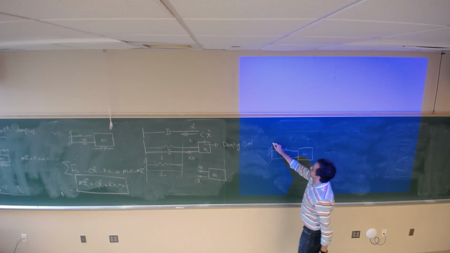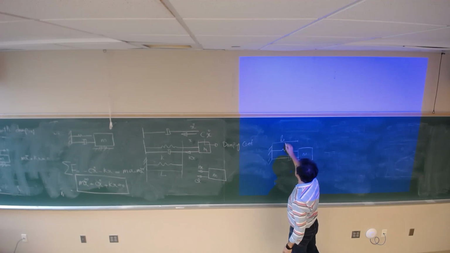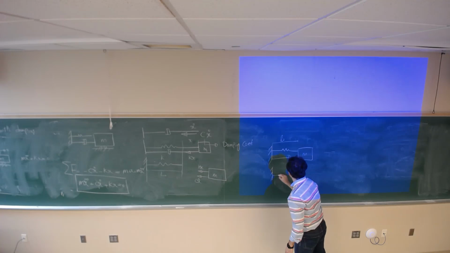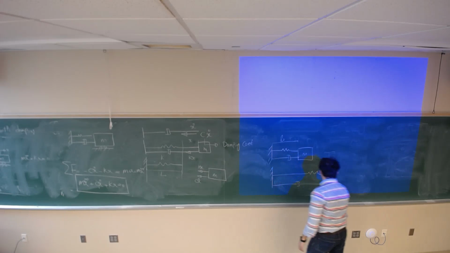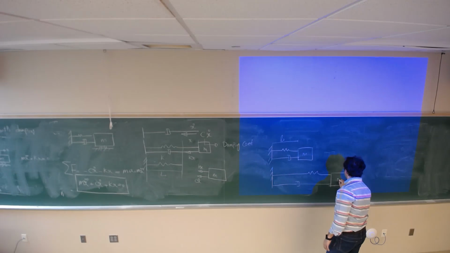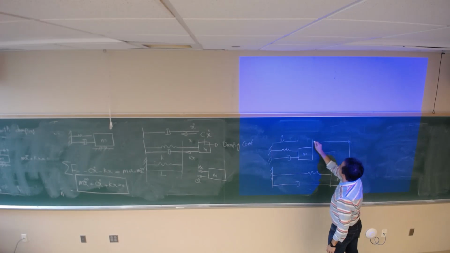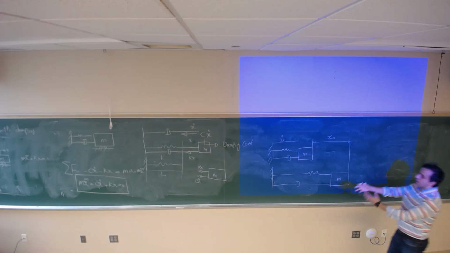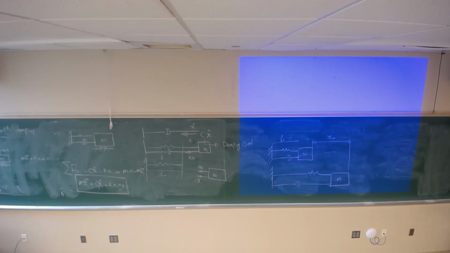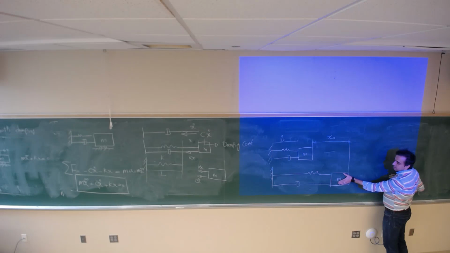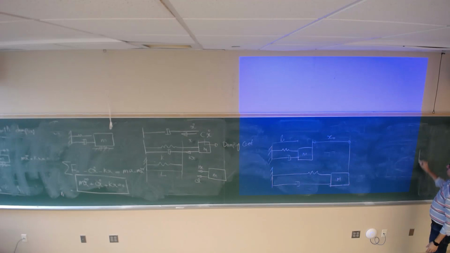So if this is the relaxed position, L naught, if I move the system from the L naught by the x naught and keep this mass here before I release that, if I want to draw the free body diagram, what would be the force applied to that?